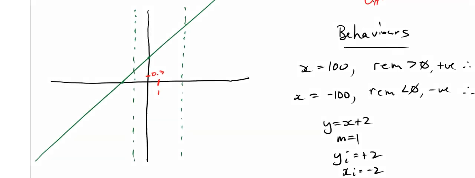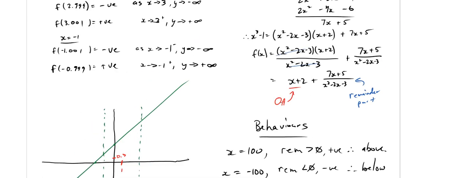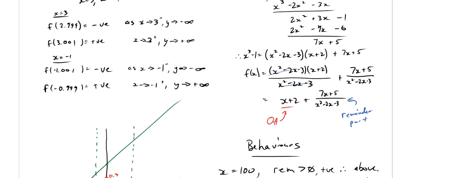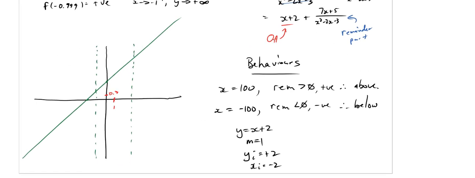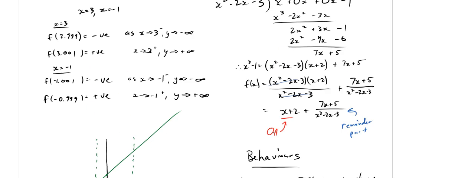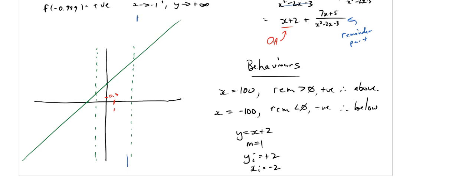Okay, and again, if you want to watch, I'm going to start running through this. So let's take a look at my first vertical asymptote there. As x approaches 3 from the left, it goes to negative infinity. So that's going to be down here. As x approaches 3 from the right, it was positive infinity. So that's going to be up here to the right.